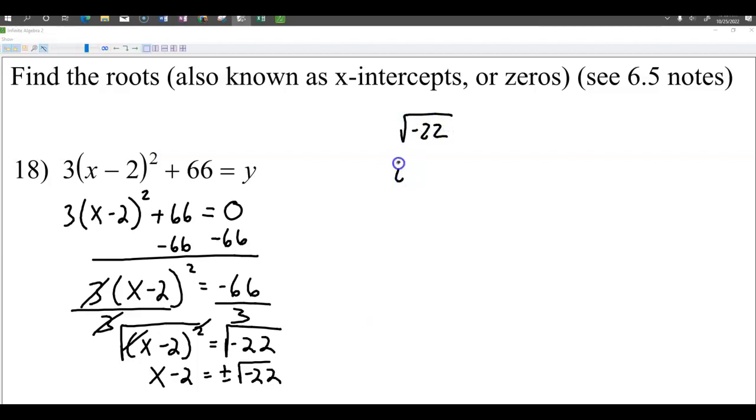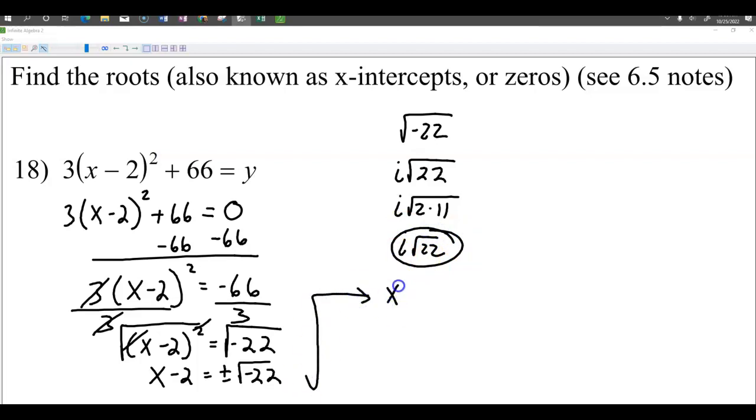First of all, we are going to take an i out because it's imaginary. Second of all, if you were to break down 22, you just get 2 and 11. Now, since there's no pairs, we're just going to leave it like this. Put those back together. So what we have then right now is x minus 2 is equal to positive i root 22, and x minus 2 is going to be equal to a negative i root 22.